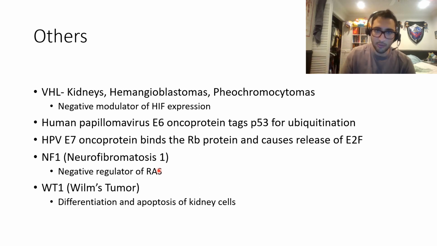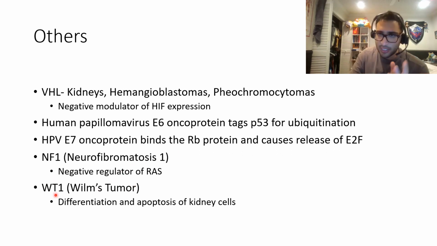Because they're driving growth, because RAS is a growth protein. But this tumor suppressor NF1 is one of the negative regulators of RAS. So it's sort of one of the brakes on RAS to prevent too much growth. In neurofibromatosis, what happens is there's mutations of NF1 and you get the development of neurofibromas and some other neurologic tumors like gliomas. But I'm not going to spend too much time there.